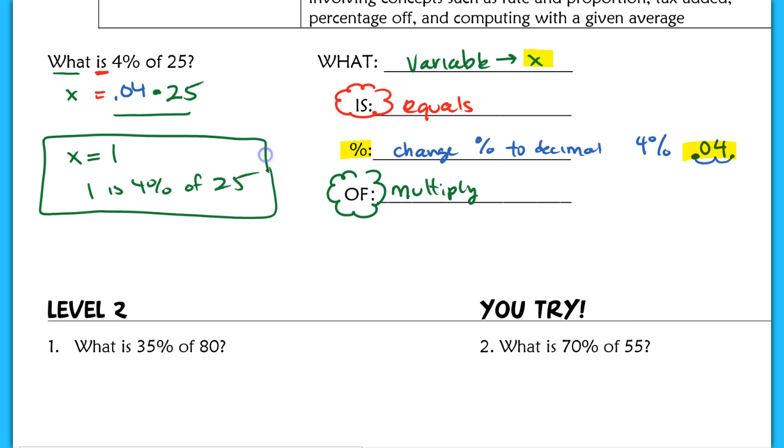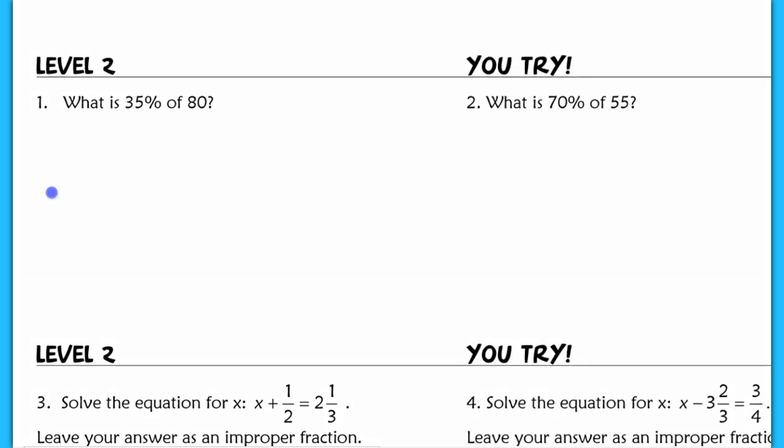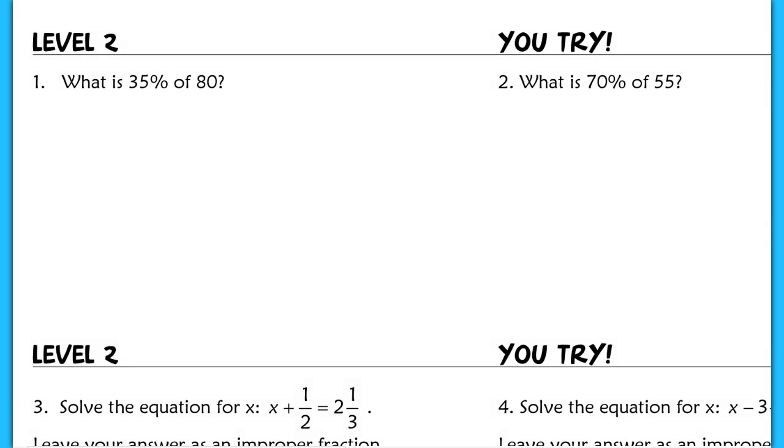Okay? All right, let's try another problem again, and then you're going to do one on your own. Here I see what is 35% of 80. Remember, what, this word means x, so I'm going to replace that with an x. Is means equals. This 35%, I'm going to change that to a decimal. So I change that 35% by moving the decimal here 2 spots to the left, and I'm left with 0.35.